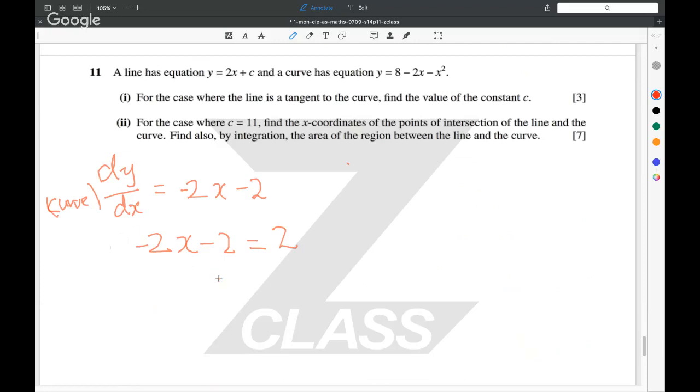So from this equation, we'll find that x is equal to minus 2. So minus 2 is the point of tangent.